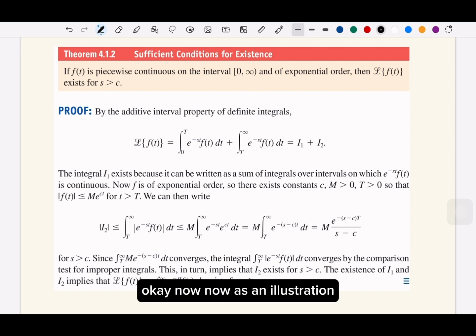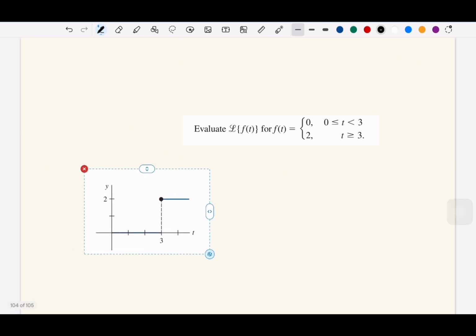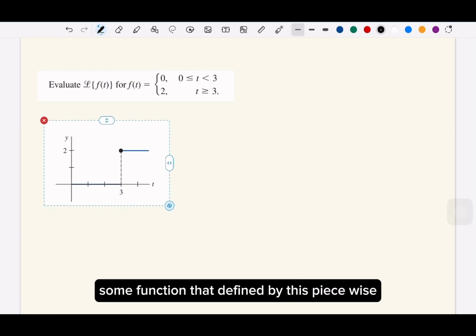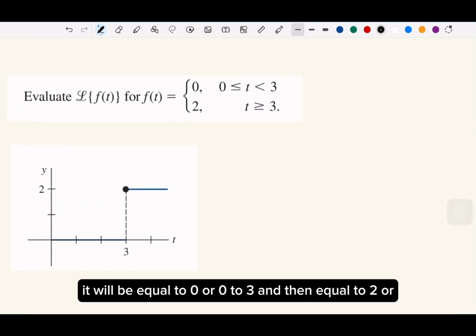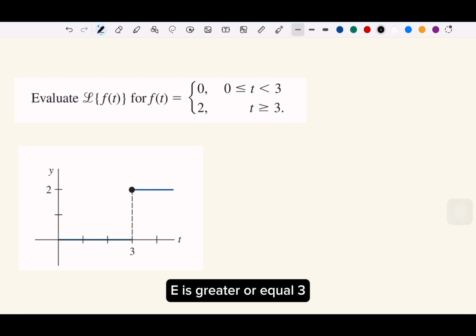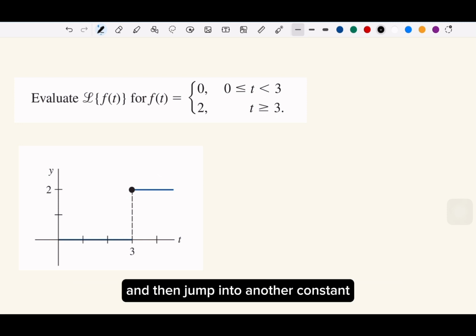Okay, now as an illustration, let's see if we take the evaluation for some function that is defined piecewise. It would be equal to 0 for t from 0 to 3, and then equal to 2 for t greater or equal to 3. So if we draw the function, this is just a constant, and then it changes the constant, and then jumps to another constant.